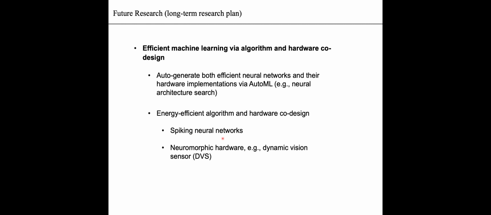Typically spiking neural networks take spike signals, and once the membrane potential reaches a certain threshold, a neuron can fire. And this can also be combined with brain-inspired hardware like neuromorphic hardware, for example the dynamic vision sensor or the event camera. By combining spiking neural networks and this kind of neuromorphic hardware, we are able to achieve energy efficient algorithms.